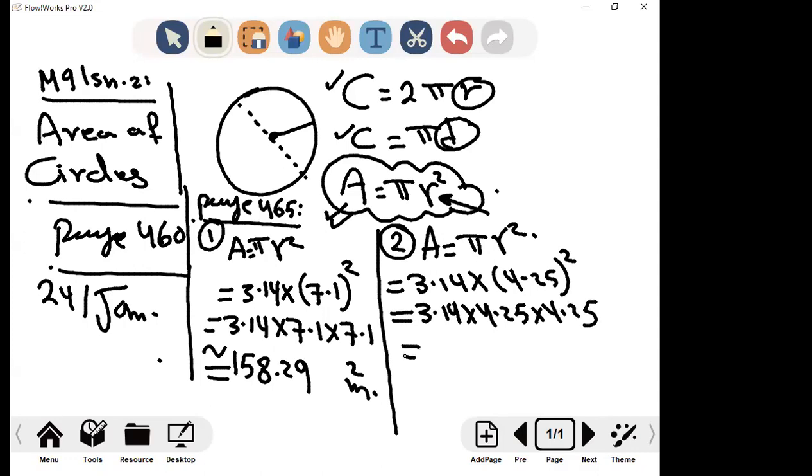Multiply these three numbers. The answer will be 56.72. What's the unit? Inch power 2. This is questions 1 and 2 in the homework, right?